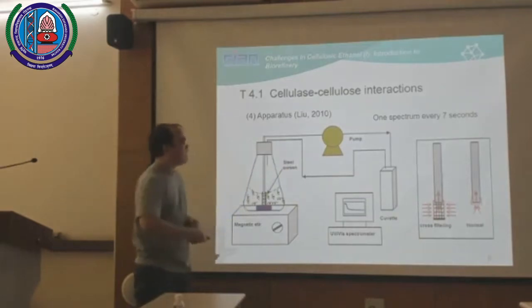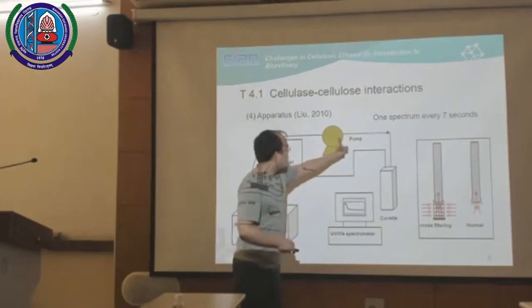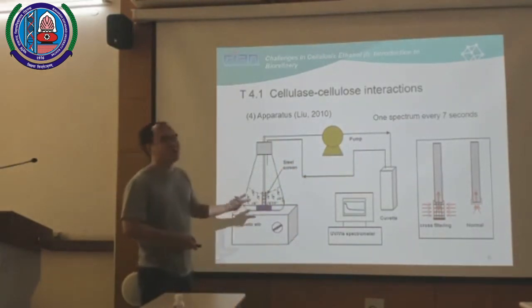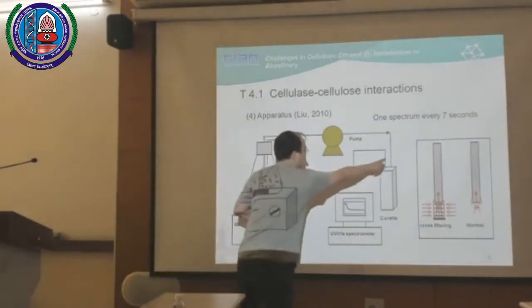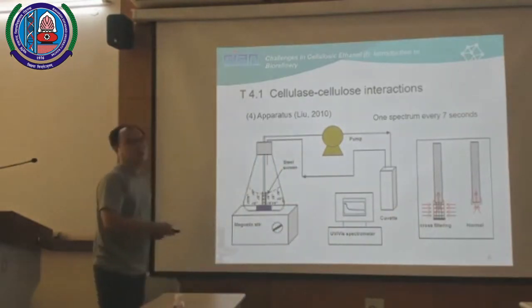Then in the cell, all of them, including the lignin, the fine fiber, and the cellulase, enter the cell and are detected by a UV spectrophotometer.